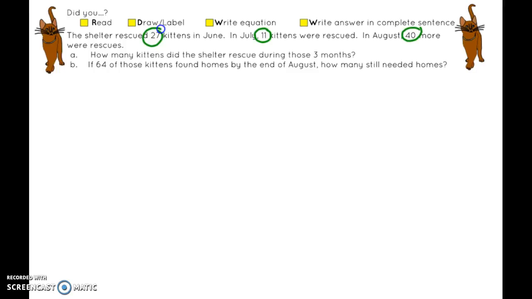And I know that those 3 months refer to June, July, and August. B wants to know, well, first for A, I need to find out how many kittens the shelter rescued during those 3 months. And then for B, I know that there's 64, and they want to know if 64 of them found homes, how many more still need homes?